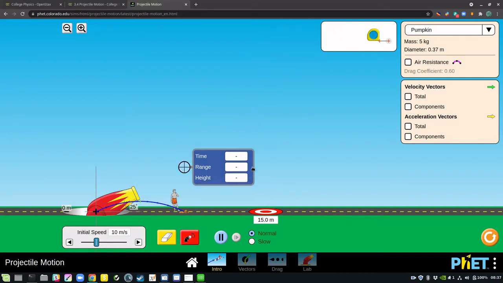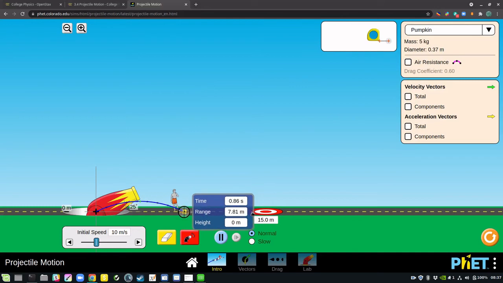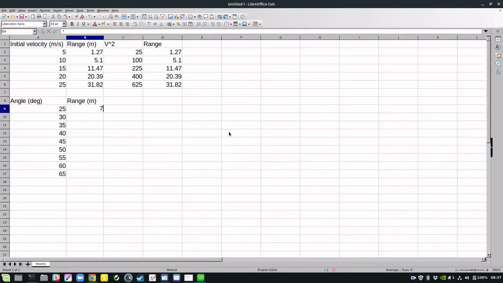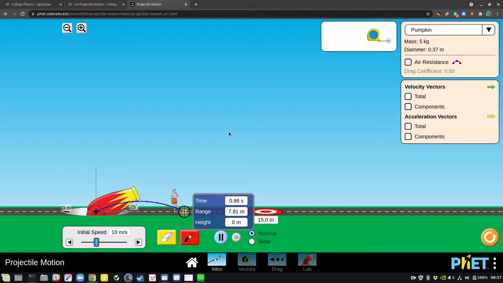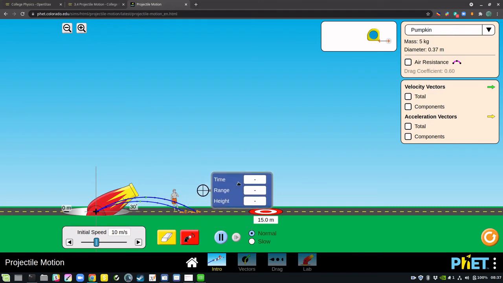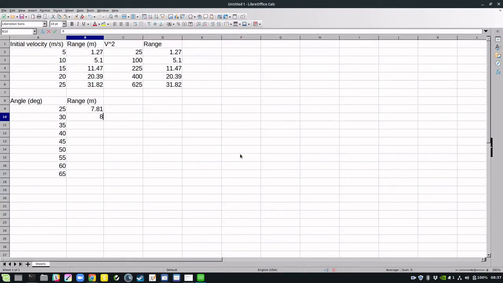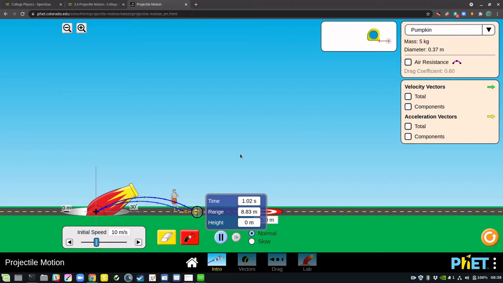We'll use our range tool to find the last point there. Range is 7.81. And then if we go to 30 degrees fire, we're going to get a slightly higher range, 8.83. Need to make a period, 8.83.